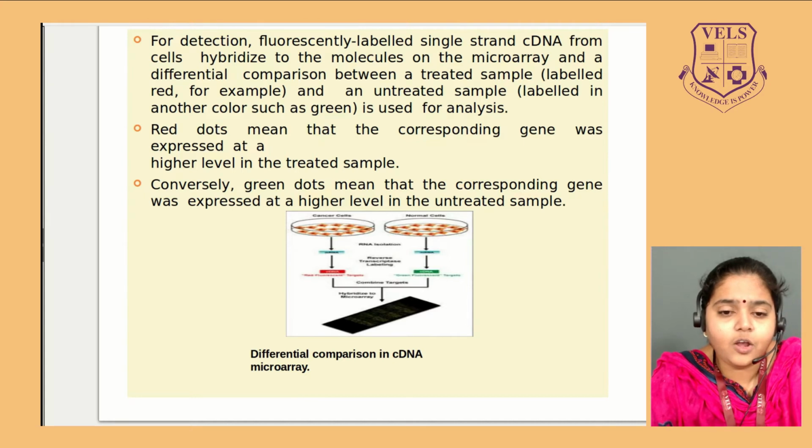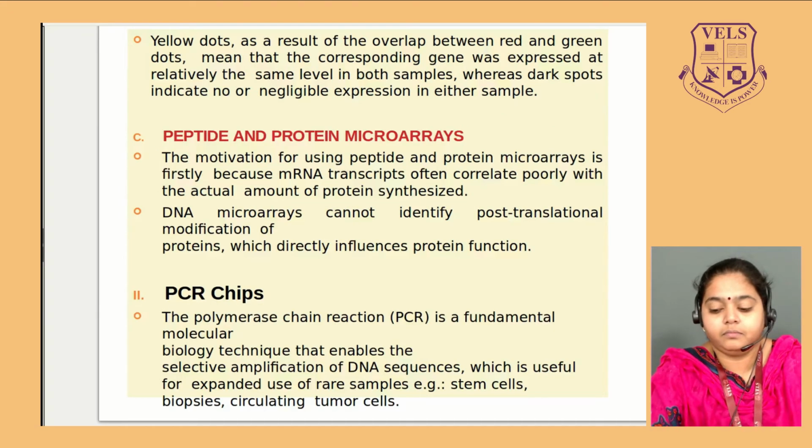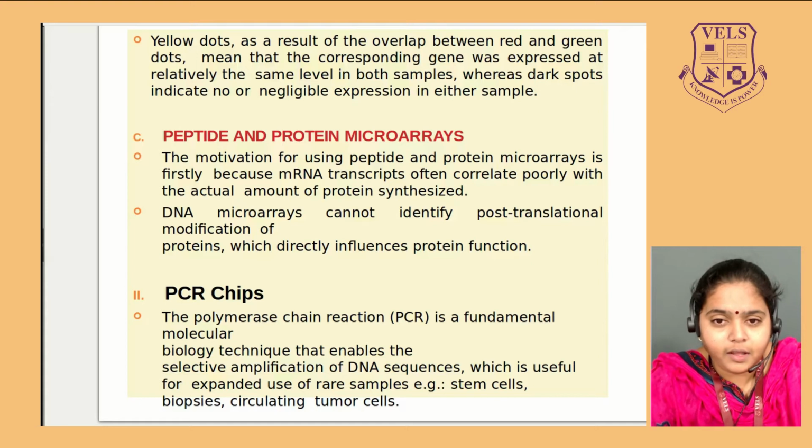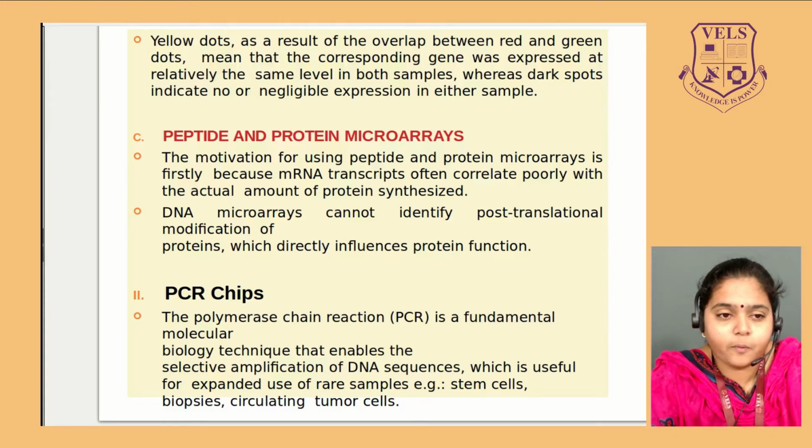Conversely, green dots mean that the corresponding gene was expressed at a higher level in the untreated sample. Yellow dots, as a result of overlap between red and green dots, mean that the corresponding gene was expressed at relatively the same level in both samples, whereas dark spots indicate no or negligible expression in either sample.